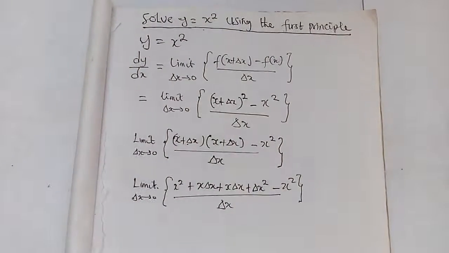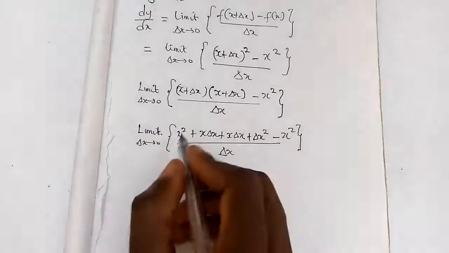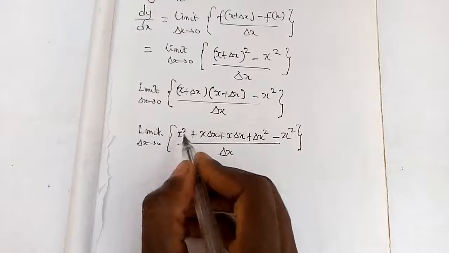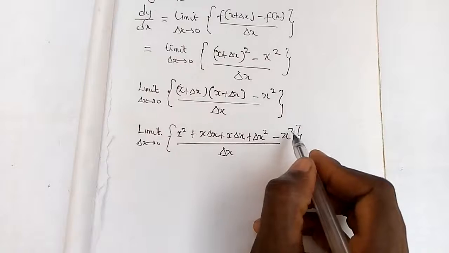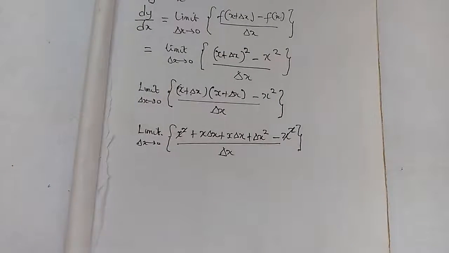Simple like this. Now we can see that there is x squared here and minus x squared here. Definitely this minus x squared will cancel the positive x squared.